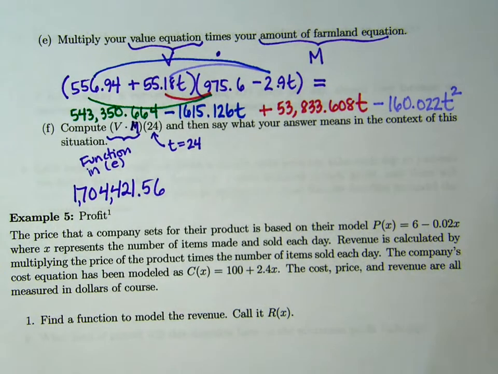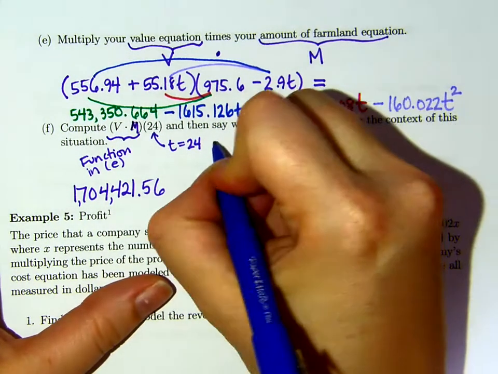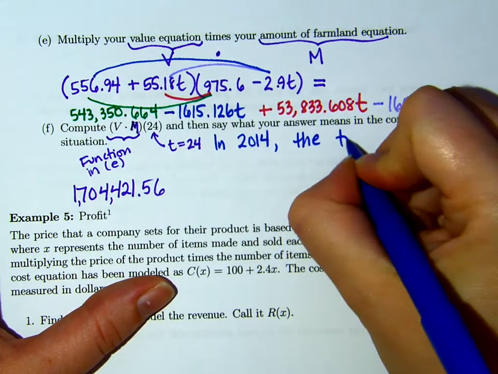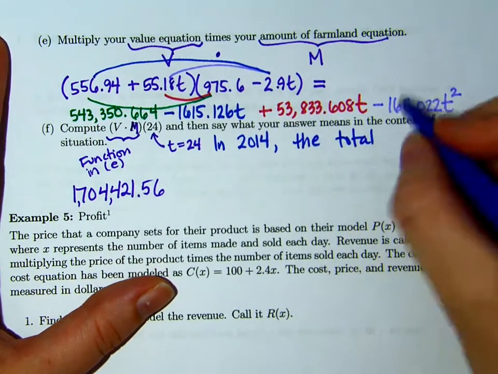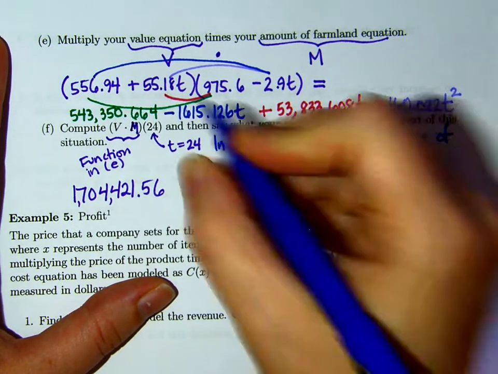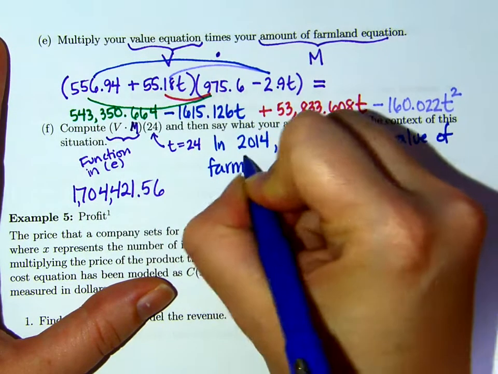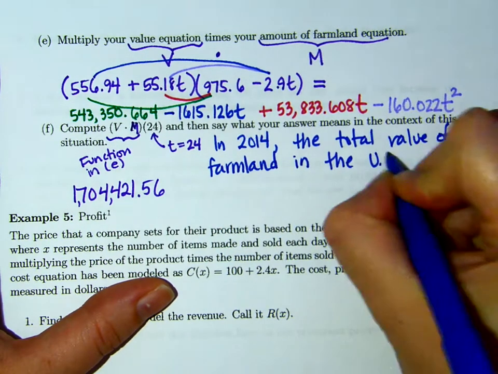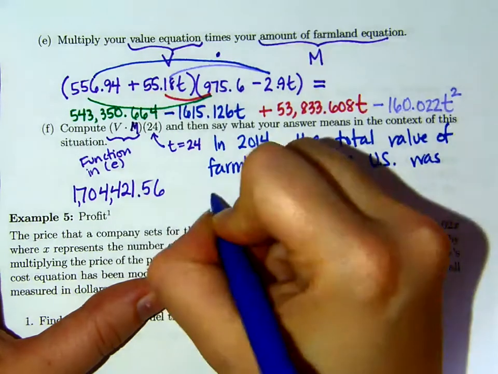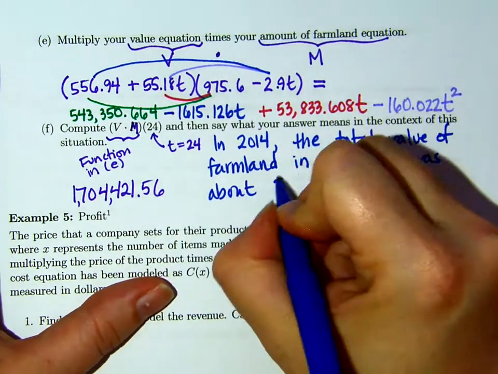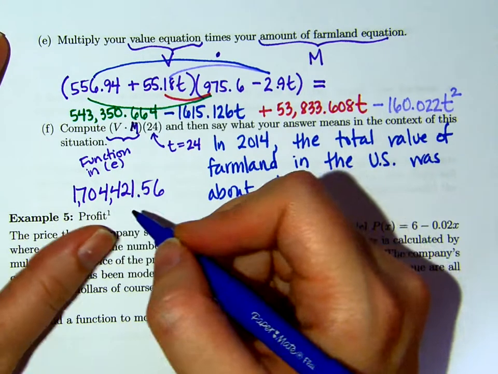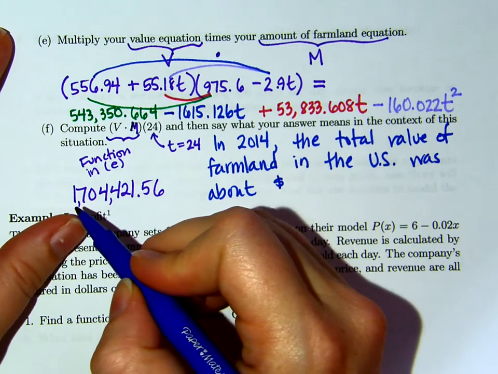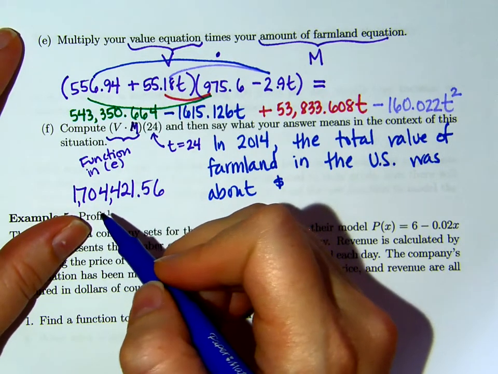Okay, so here we go. In 2014, the total value of farmland in the U.S. was about, and remember this is millions, so this is 1.7 million millions of dollars.